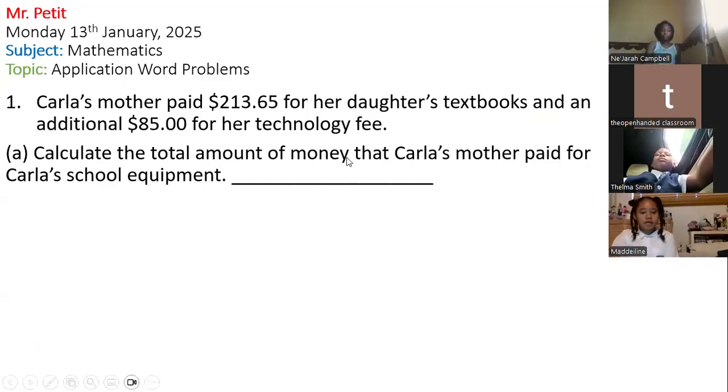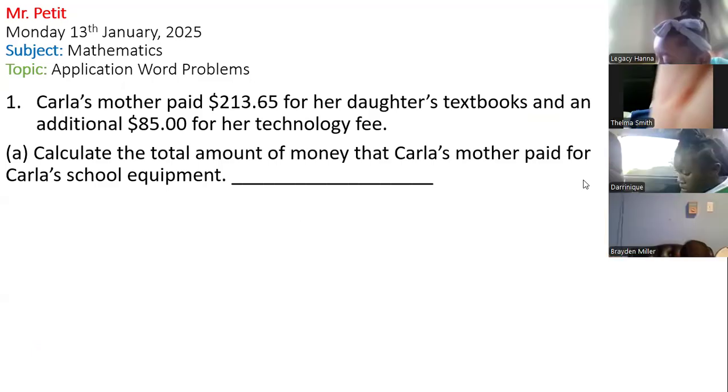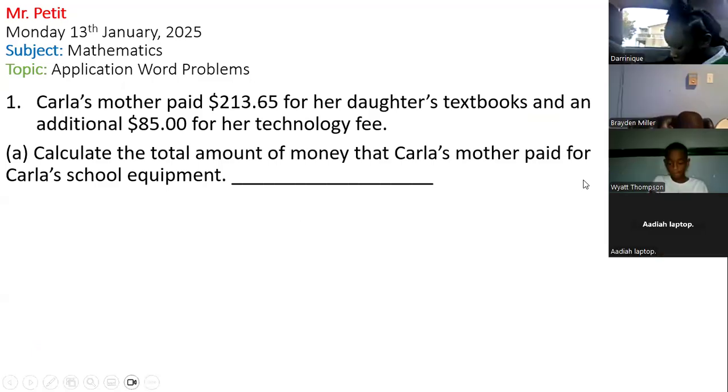Carla's mother paid $213.65 and 65 cents for her daughter's textbooks and an additional $85 for her technology fee. Read the question. Calculate the total amount of money that Carla's mother paid for Carla's school equipment. Very good.